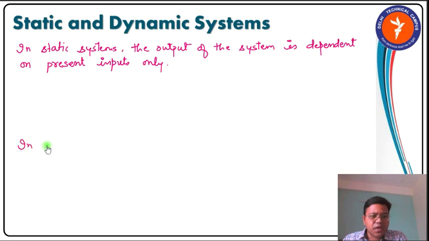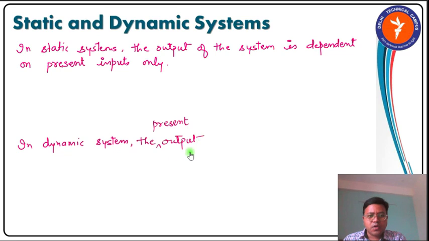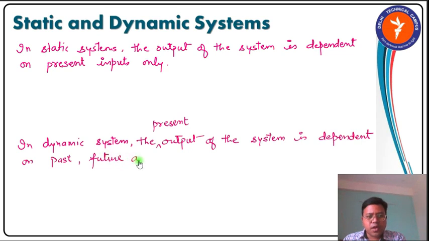But in dynamic system, the present output of the system is dependent on past, future, or present inputs.